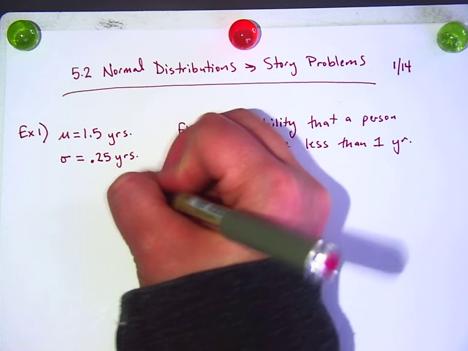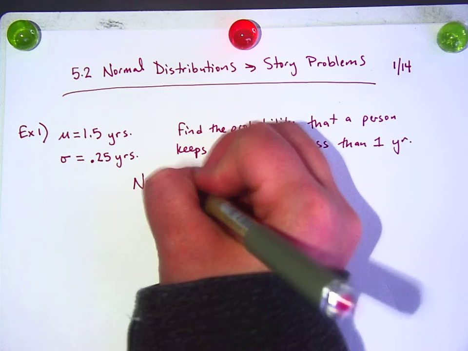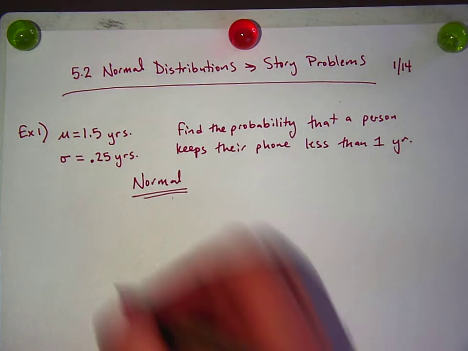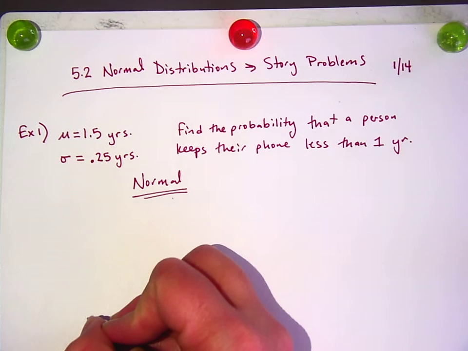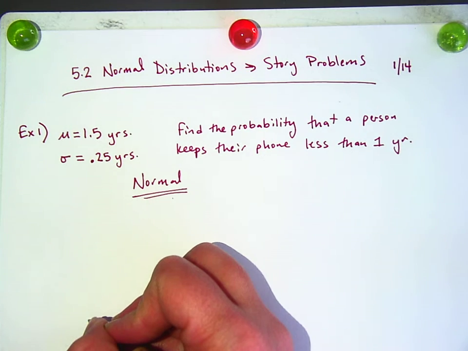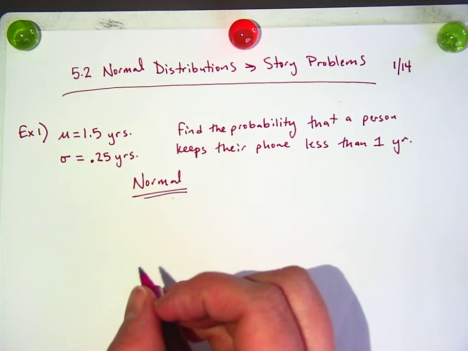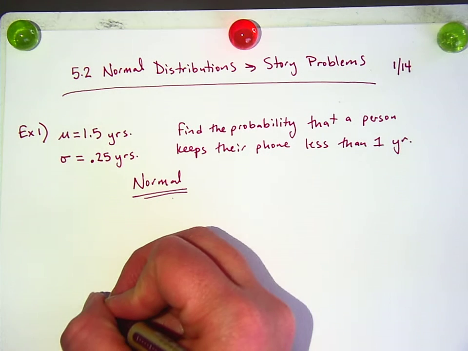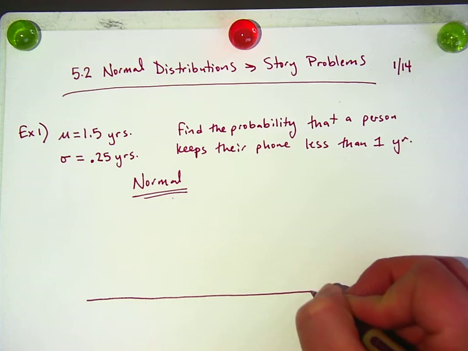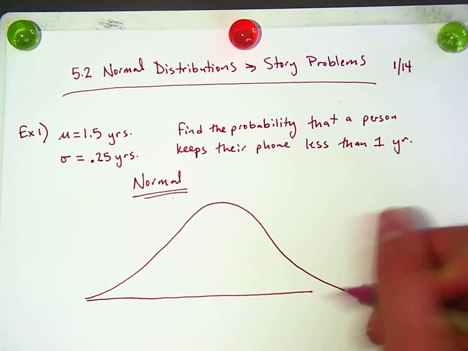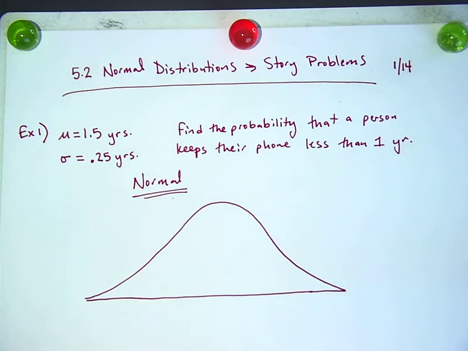And the problem says that this is a normal distribution. All right, now what does normal mean? A bell curve. It specifically means a bell curve, okay? Normal does not mean what it means in every other situation, what we expect to have happen. In statistics, normal specifically means a bell curve.